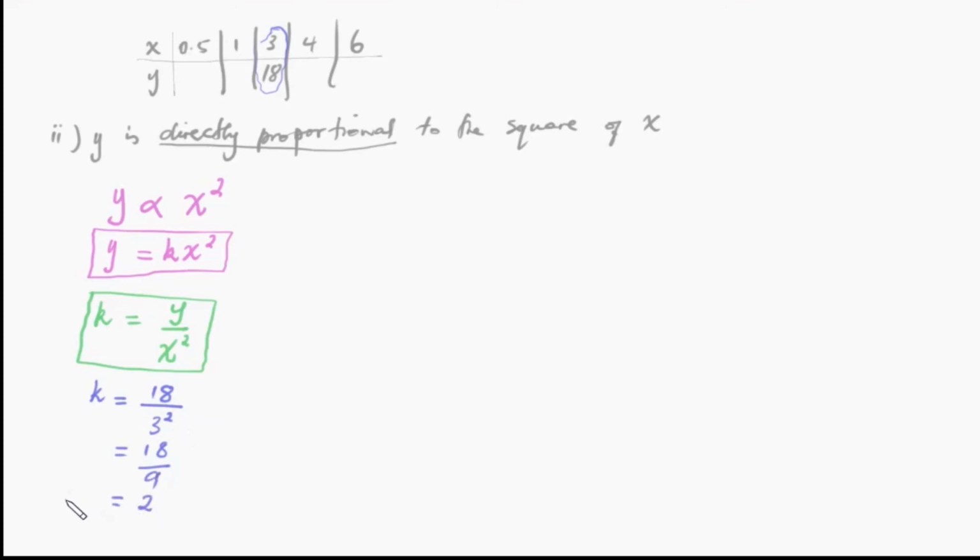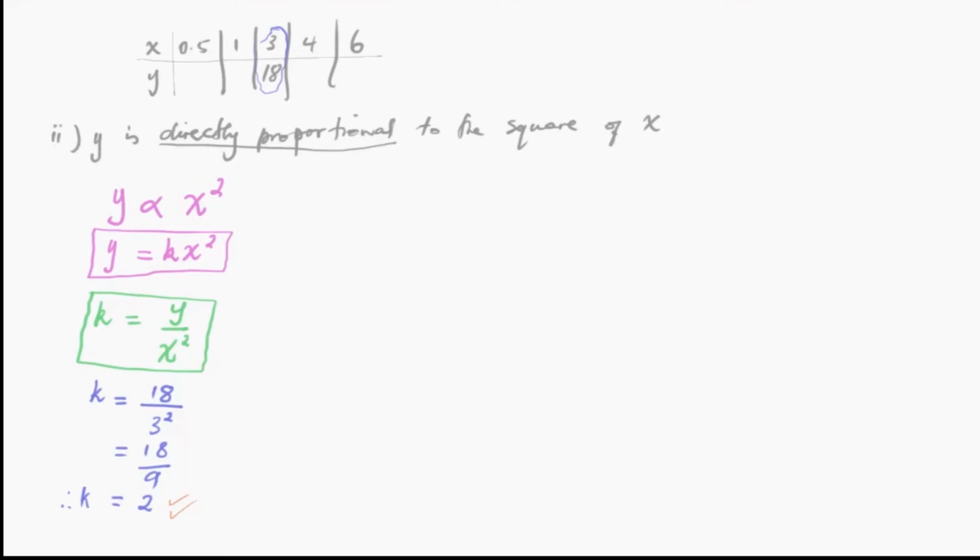So k is 2. K equals 2. All right? So once we have the value of k here, we can easily find the y's.